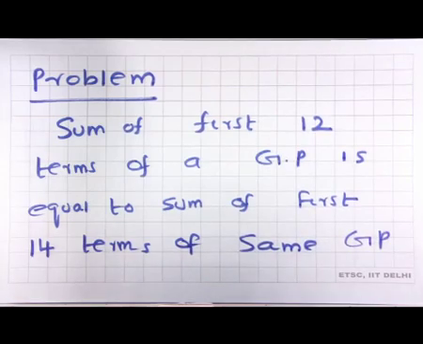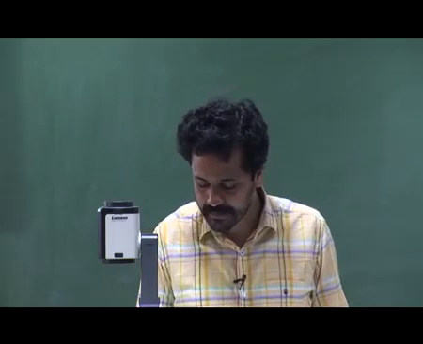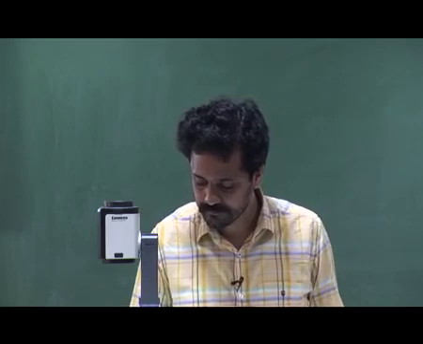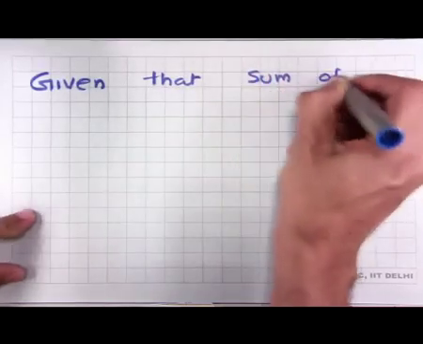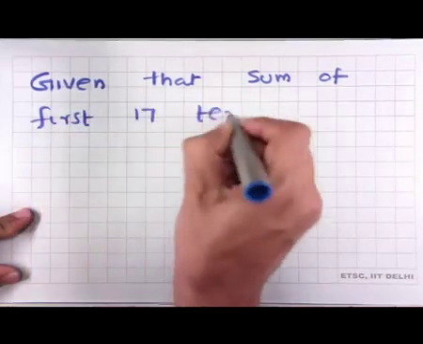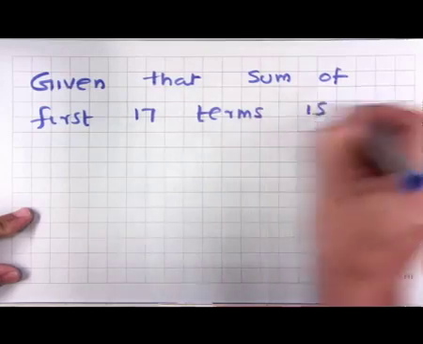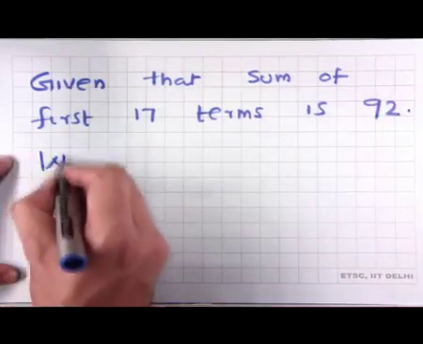First 12 terms sum and first 14 terms sum are the same. Given that sum of first 17 terms is 92, what is the third term in the GP?